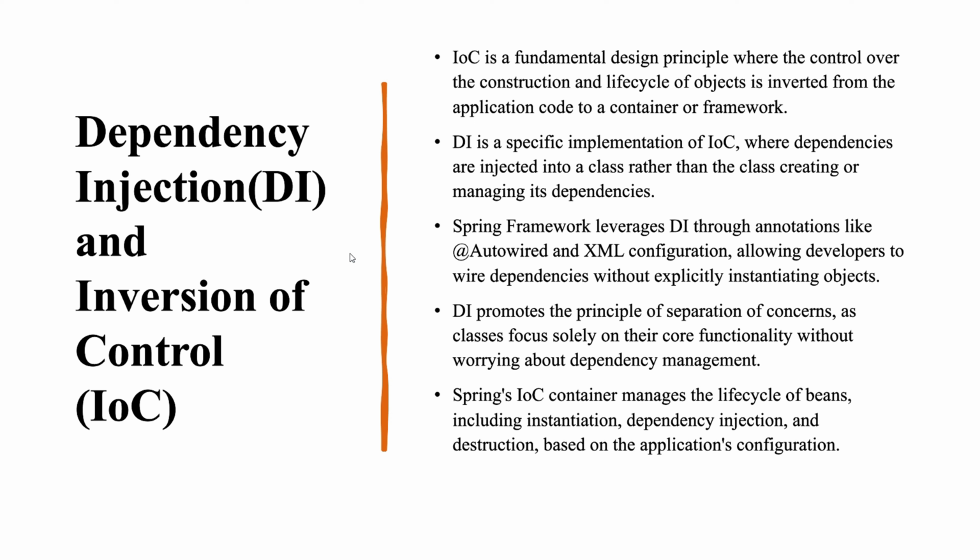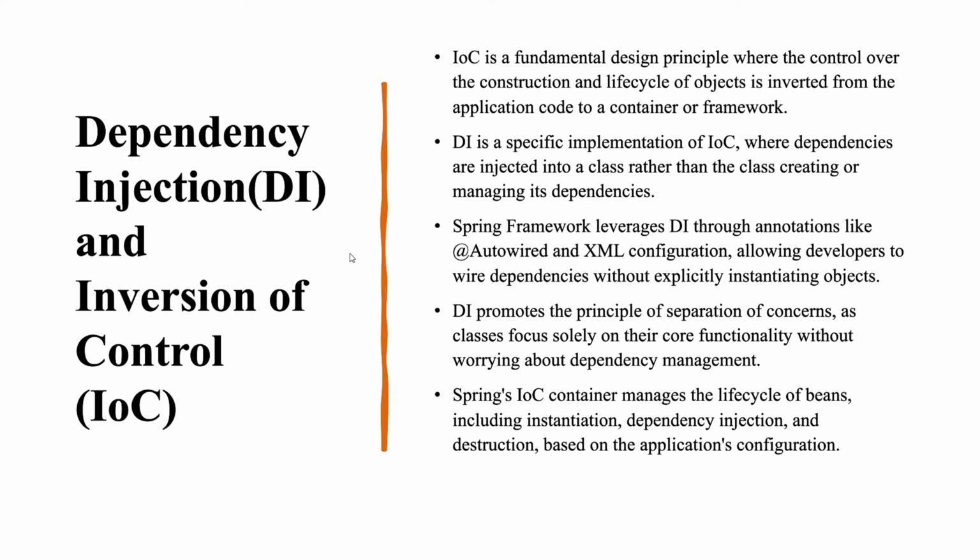And annotations like component, service, repository, which we already saw in our mini project also, are part of the Spring stereotype annotations, which provide metadata to the Spring container. These are some annotations that I will explain.